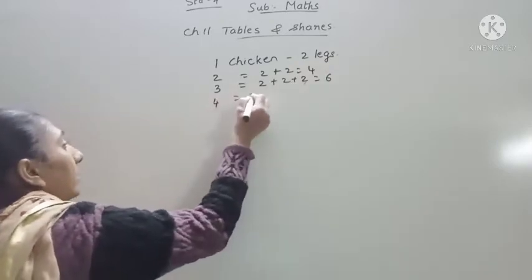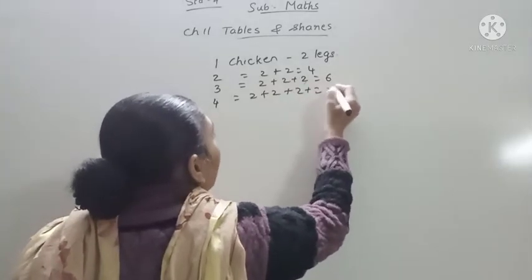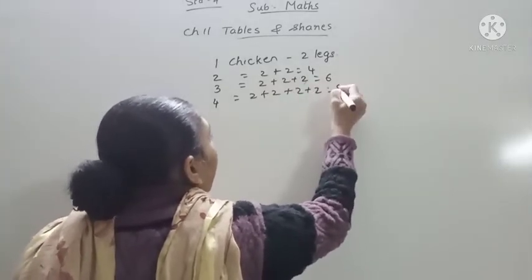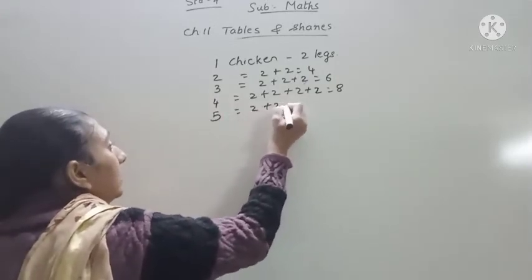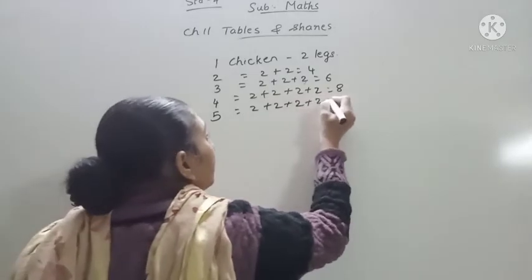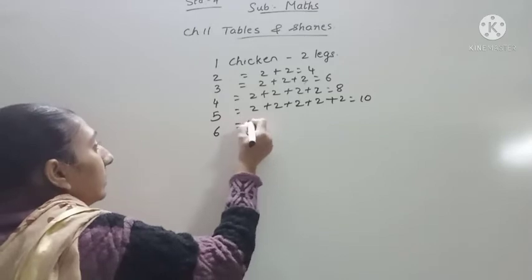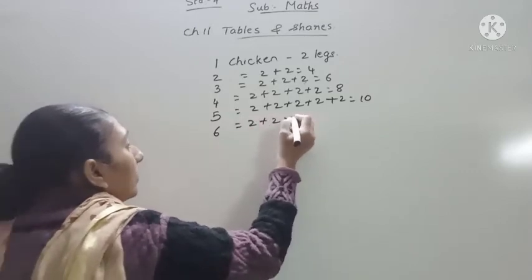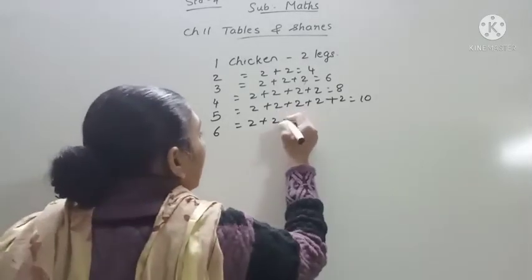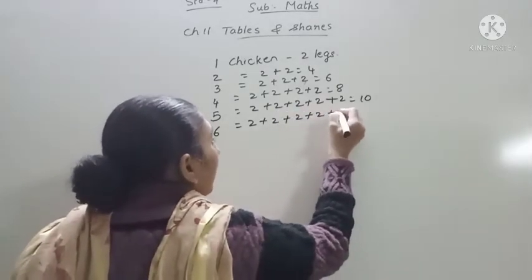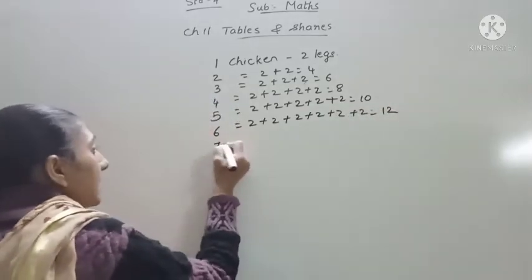If 4 are there, 2 plus 2 plus 2 plus 2 is equal to 8. Likewise 5, then 6, 12, then 7.